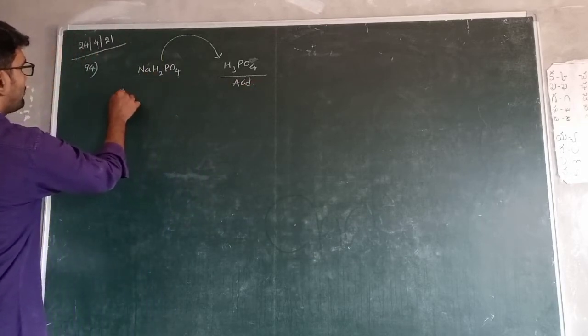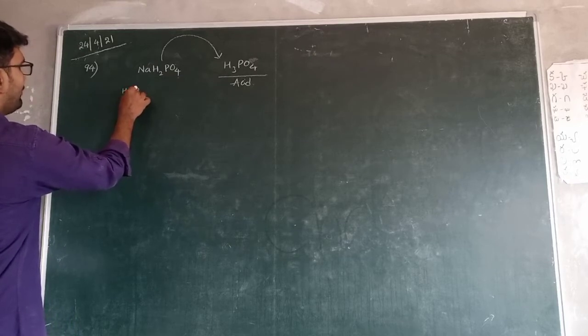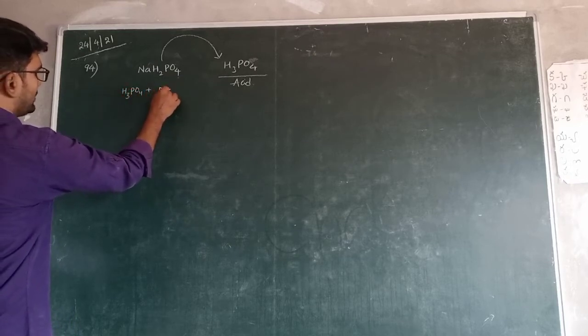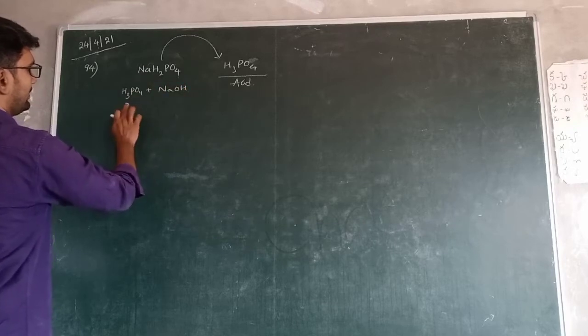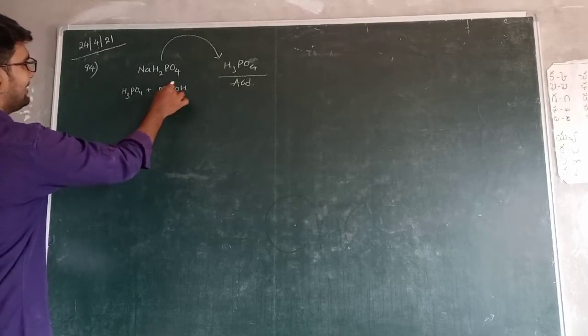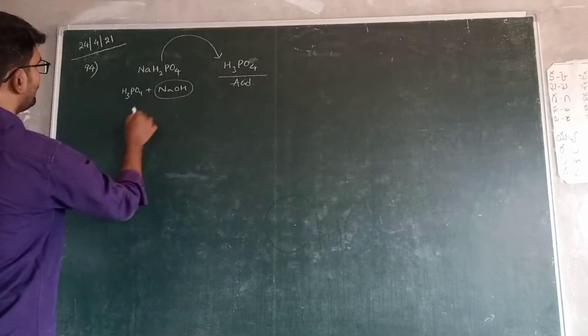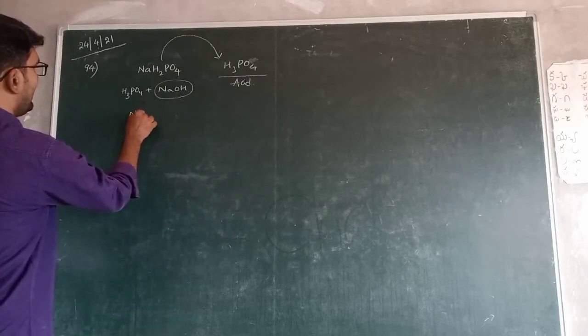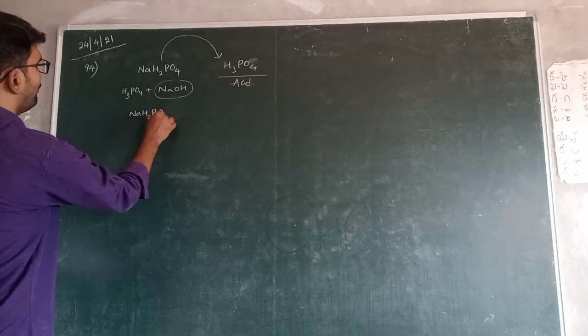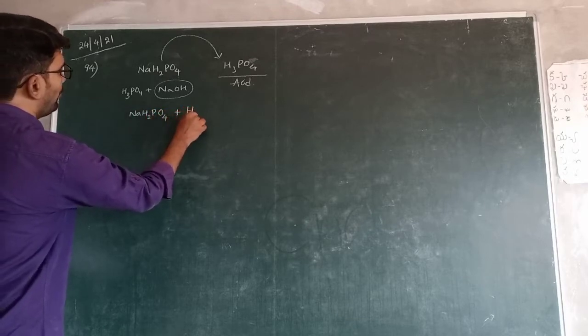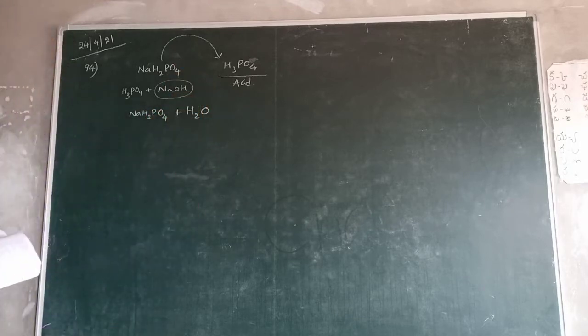The salt is formed by the combination of H3PO4 plus NaOH. So this H3PO4 reacts with 1 mole of NaOH. It gives NaH2PO4 plus H2O.